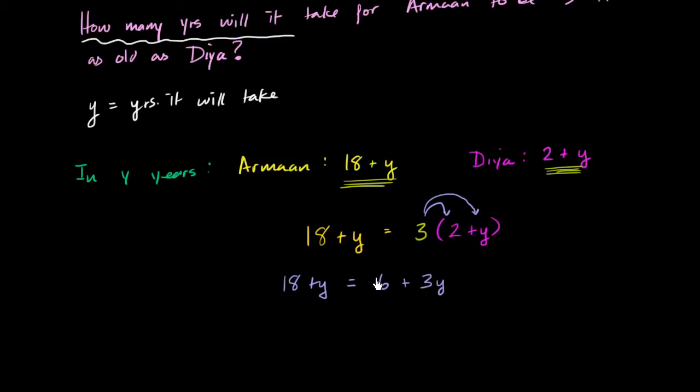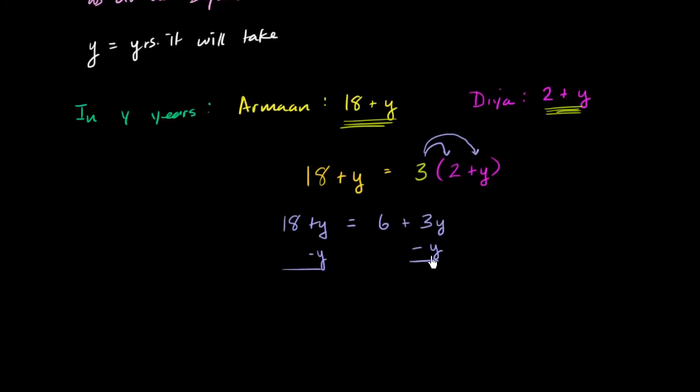We have more y's on the right-hand side than the left-hand side. So let's get rid of the y's on the left-hand side. You could do it either way, but you'd end up with negative numbers. So let's subtract a y from each side. And we are left with, on the left-hand side, 18. And on the right-hand side, you have 6 plus 3 y's. You take away one of those y's, you're going to be left with 2 y's.